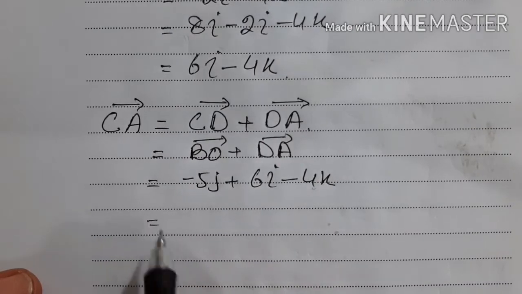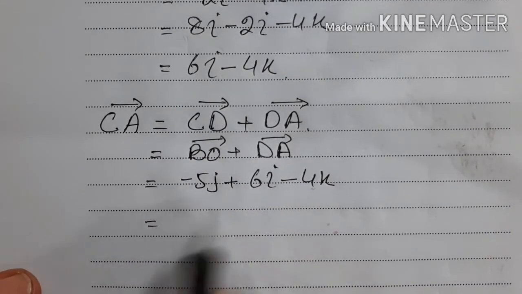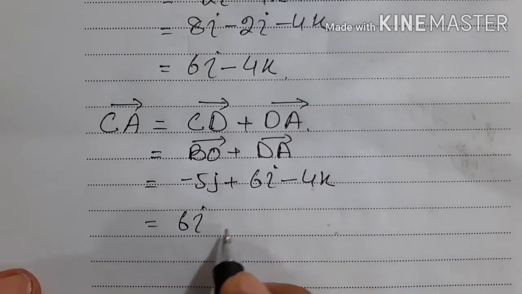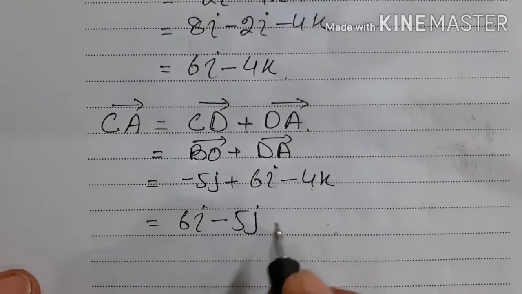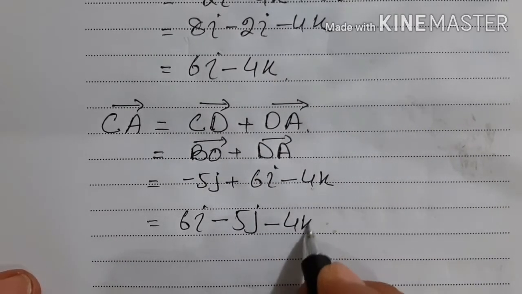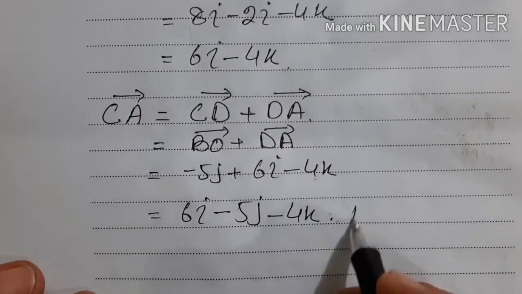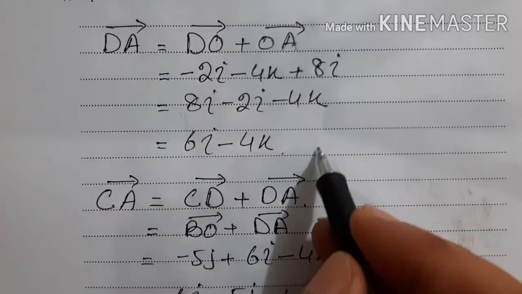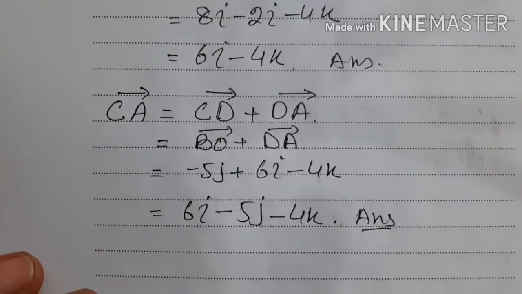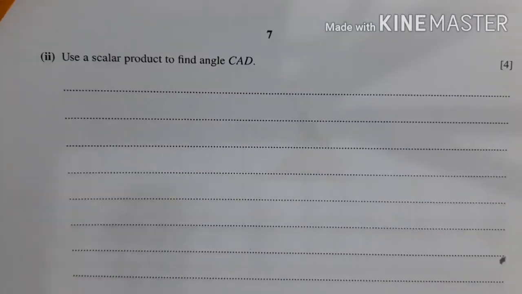So by writing in order, it will be 6i minus 5j minus 4k. This is CA. These are the answers of part 1.